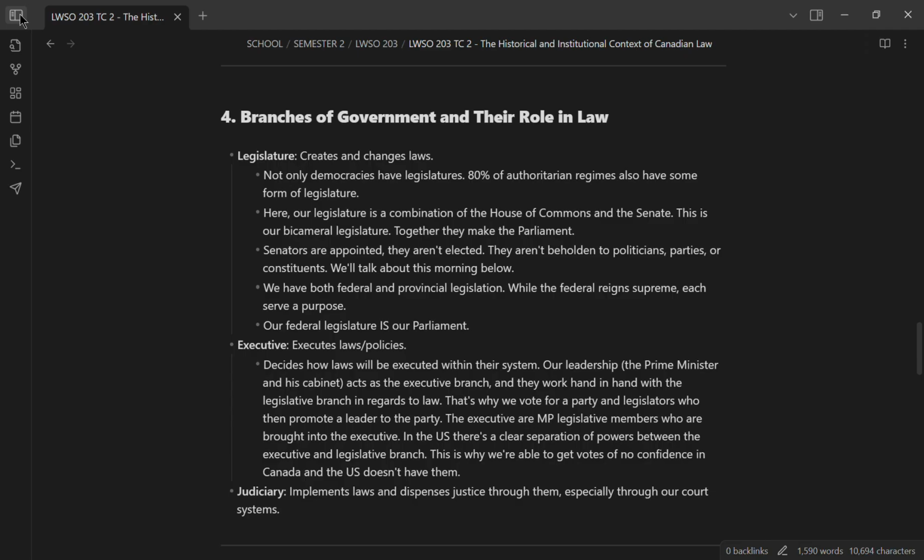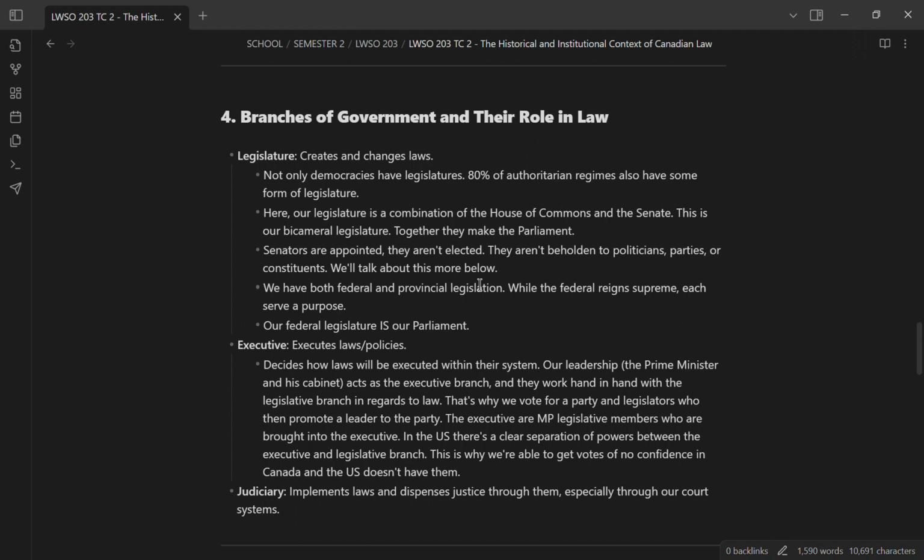That way they're not beholden to any politics, parties, whatever it may be. And we have both federal and provincial legislation. Federal is obviously the most important, but provincial serves a purpose too. The federal legislature that we have is our parliament.